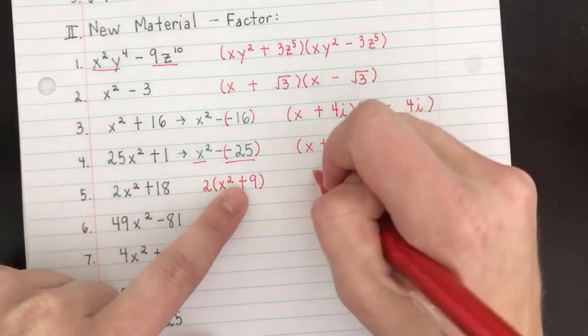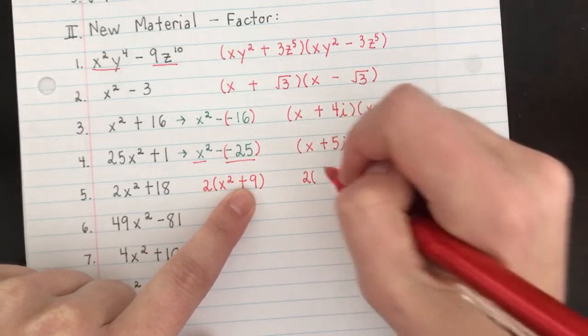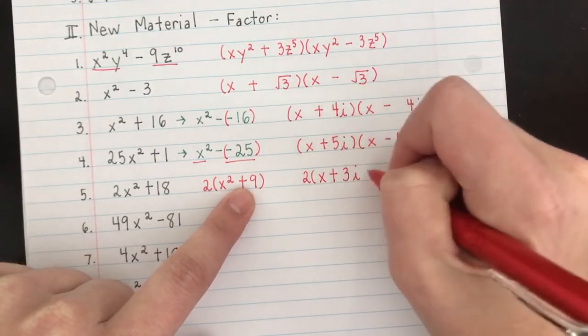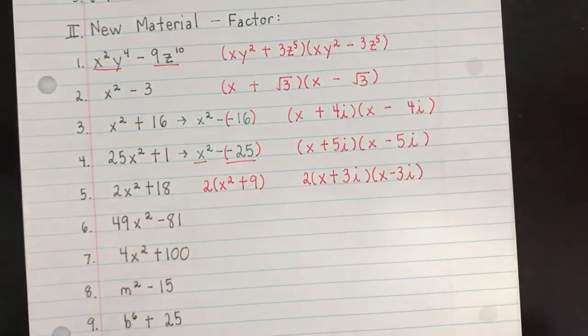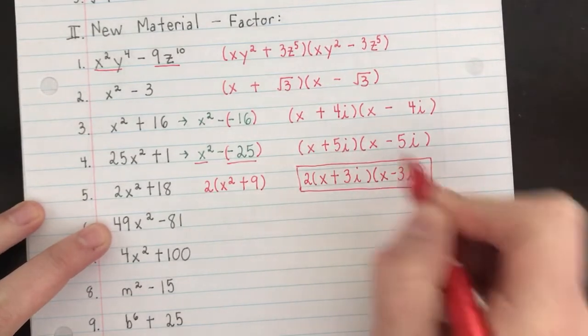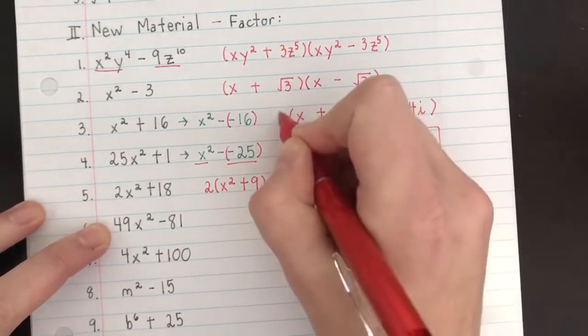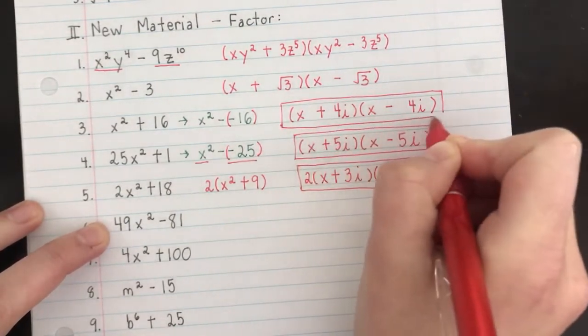No. Hopefully by now you just know, okay, well, if it's a sum instead of a difference, then you're just going to have an i. So x plus 3i, x minus 3i. Okay, and this is our answer, and maybe I should go back and box all of these.